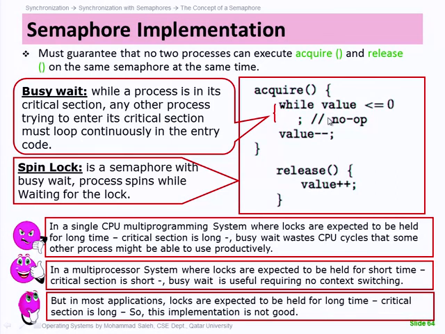We used it with the producer-consumer problem, okay? In this case, the process is wasting CPU cycles, because it's not doing anything useful except checking that condition for a change. However, this change can only happen when the release method is called, because releasing will increment the number of resources.